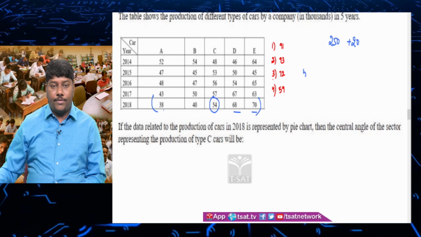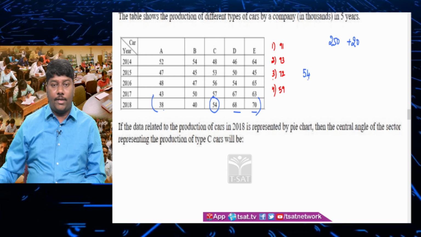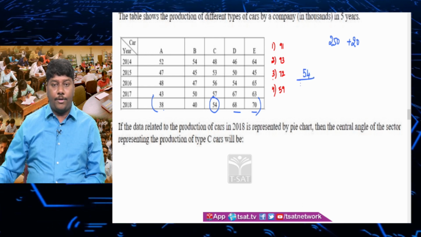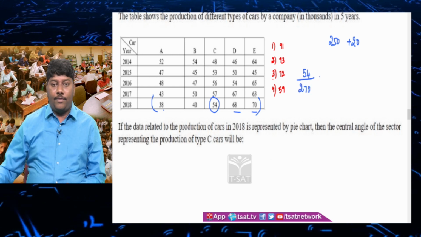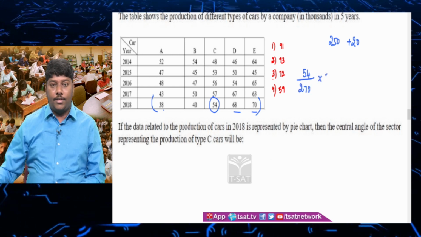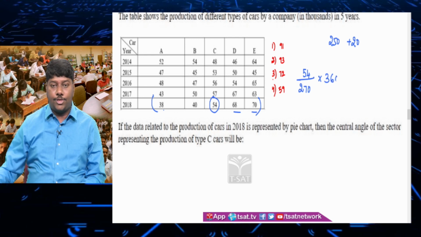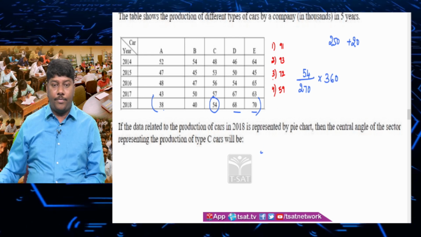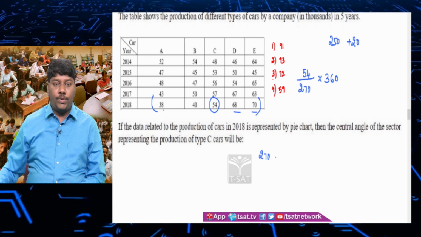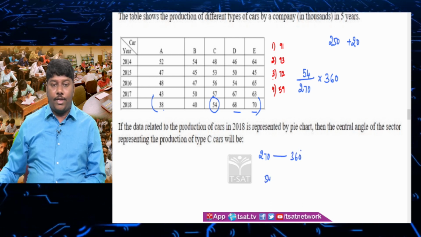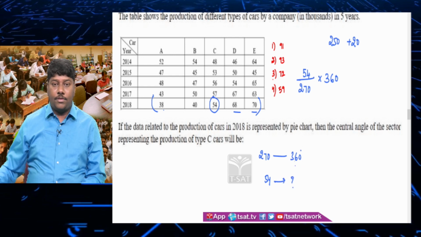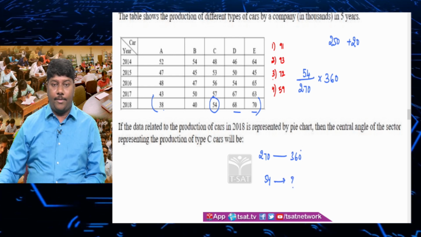So the central angle is for 54, is what? 54 you have to represent. So 54, total value is 270. If you need to convert it into degrees, multiply it with 360. Or else I would say in the unitary method, 270 represents 360 degrees. What does 54 represent? You just need to cross multiply, you will get the same.